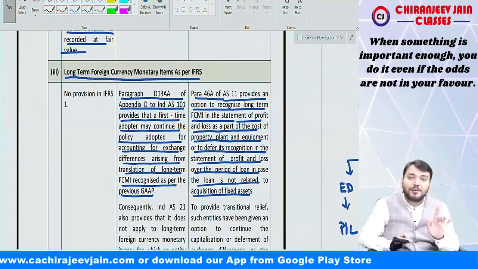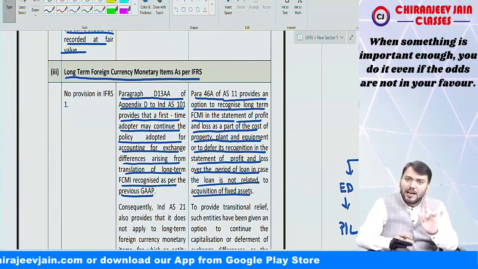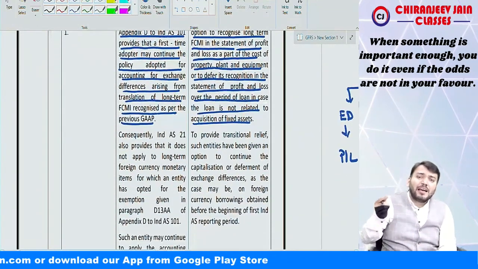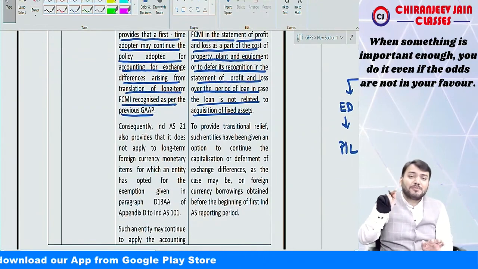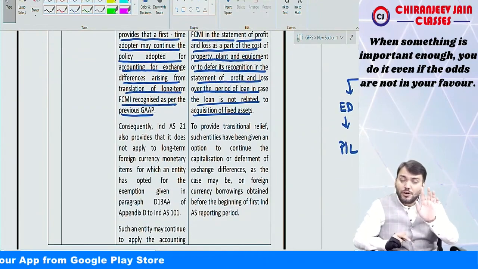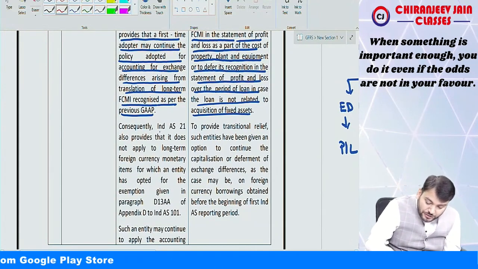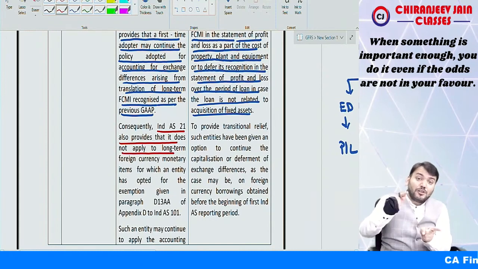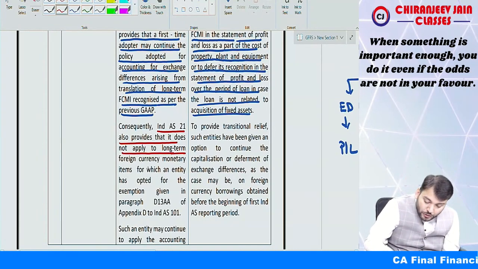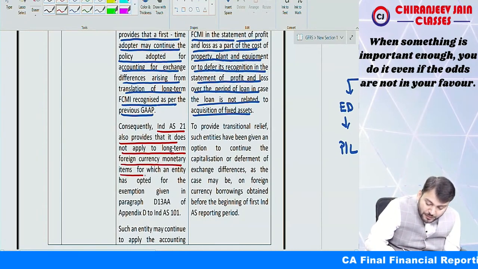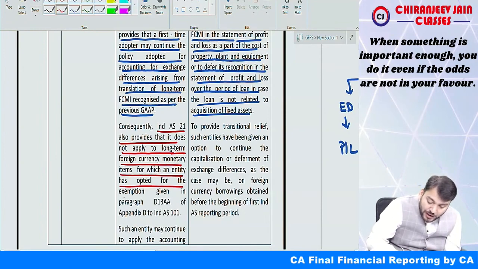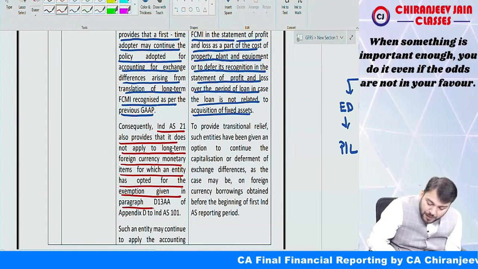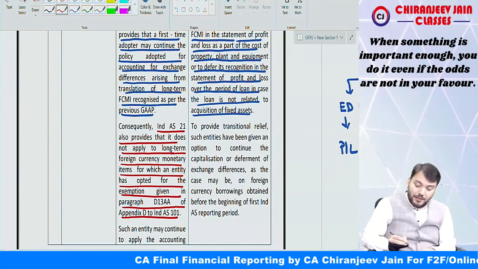This was given under Ind AS 101. And because of this, one change was made under Ind AS 21 also. What does Ind AS 21 say? Consequently, Ind AS 21 also provides that it is not applicable to long-term foreign currency monetary items for which the entity has opted for the exemption given under para D13AA of Appendix D to Ind AS 101.